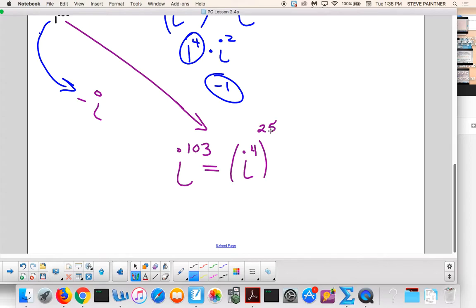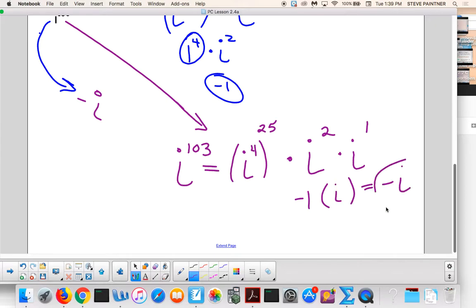But you guys know i to the fourth is 1, and 1 to the 25th power is 1 times, what's left? i to the third. Yeah, but now you could change i to the third. Well, negative i. Couldn't you just say i to the third is just i squared times i to the first? Okay, you guys know this is what? 1 times, what's this? Negative 1 times i.